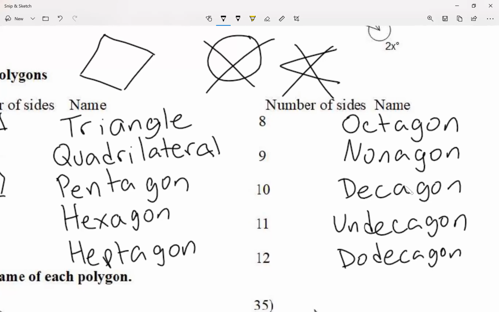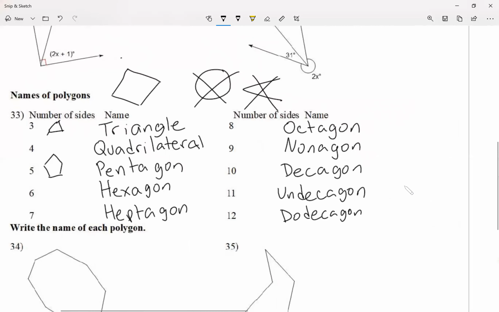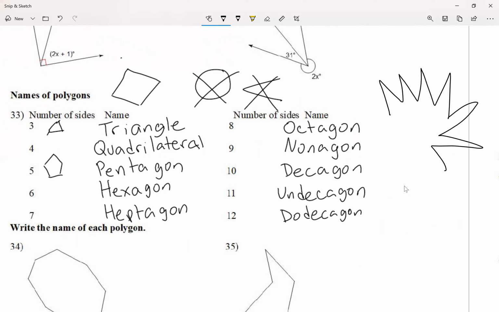Now, a polygon can have more than 12 sides, right? Minimum is 3, but it can have as many as I want. How does one that has more than 12 sides look? Let's take a look. 1, 2, 3, 4, 5, 6, 7, 8, 9, 10, 11, 12, 13, 14, 15, 16, 17. Right?